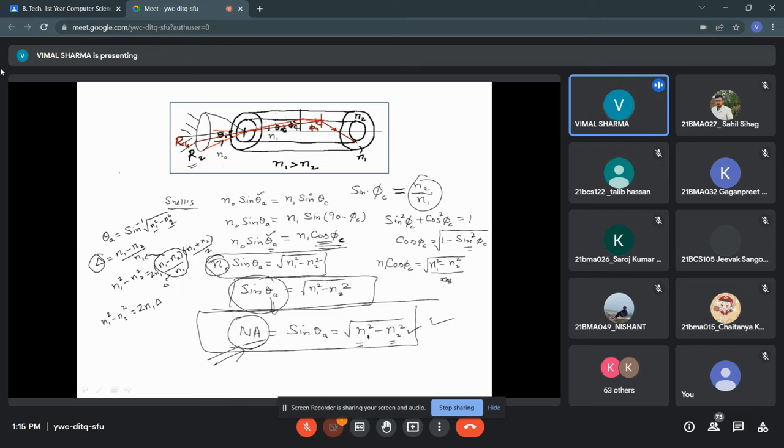And I'll give you an example as well. How do we make this change in n1, because the material of core and cladding is the same, that is, they are made up of glass.